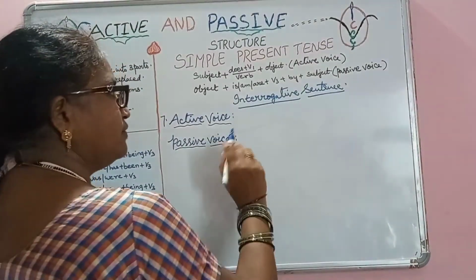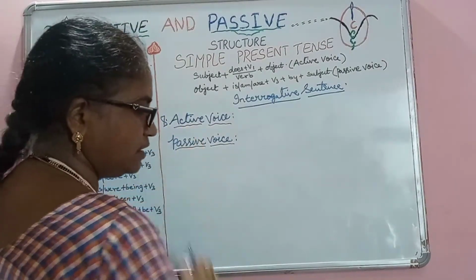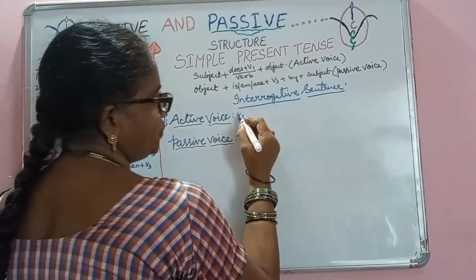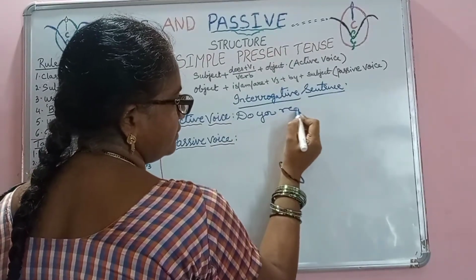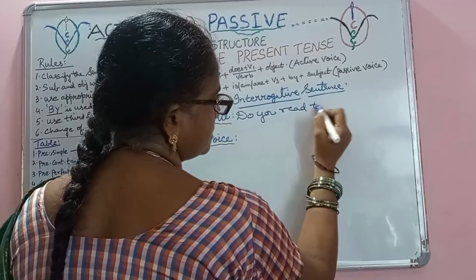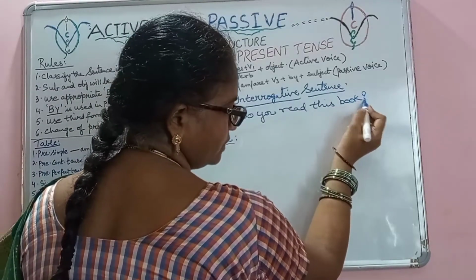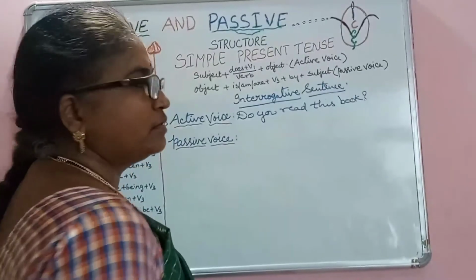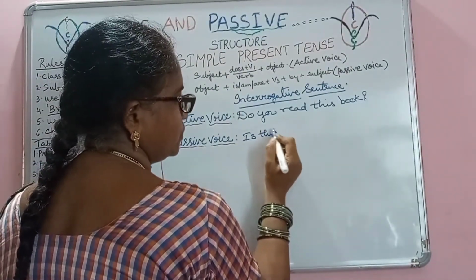Now, see the interrogative sentence of the 8th one. We'll explain another example. See here, do you read this book? So the question we change as: Is this book read by you?